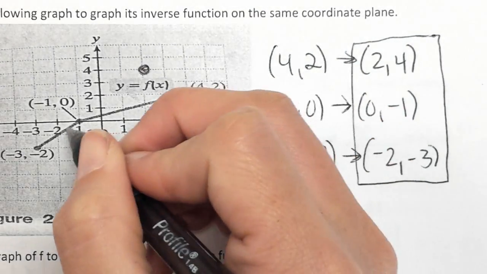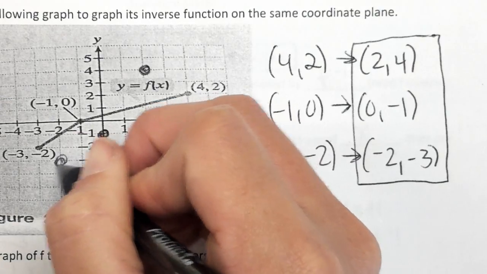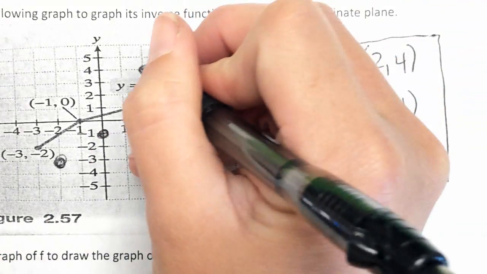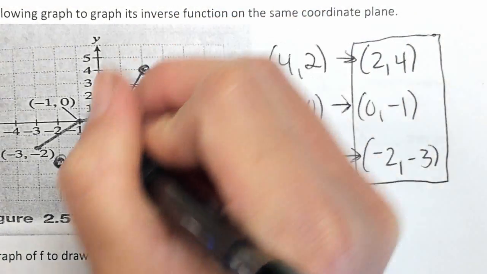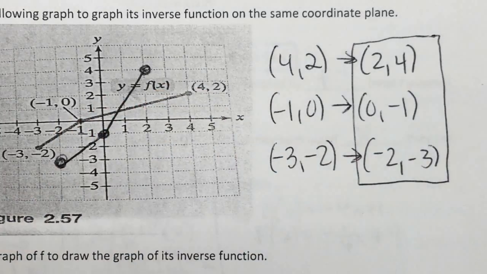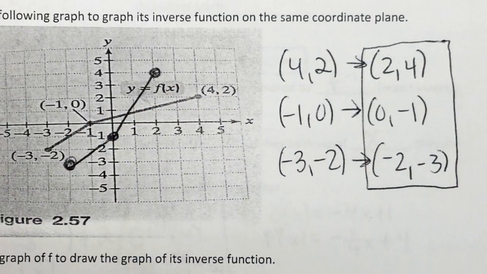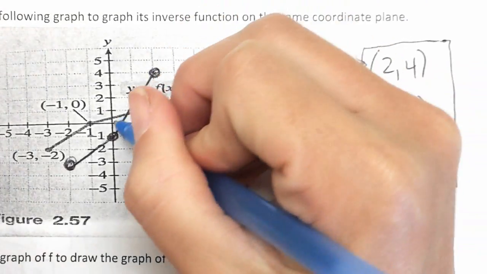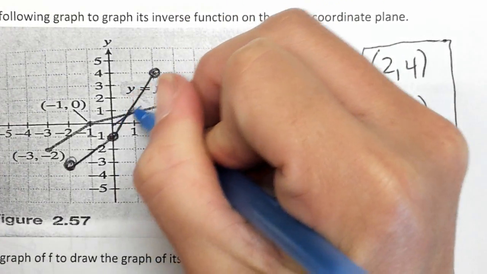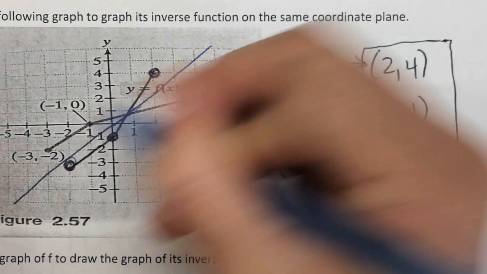And then go ahead and draw the inverse function. And you can see it flips over, I'm going to draw the line y equals x, which is this line. It's reflected across that line.